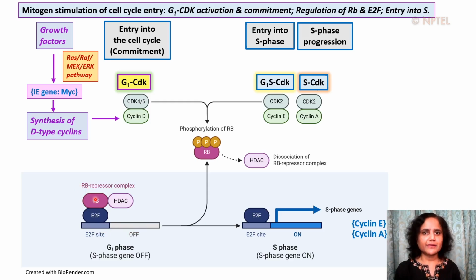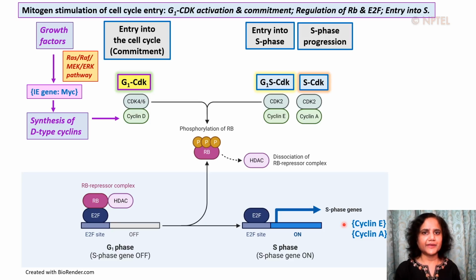Phosphorylation of RB releases it from this complex and hence the repression mediated by RB is no longer there, and hence these E2F dependent genes can be transcribed. So this E2F now activates the transcription of its target genes. Examples of such genes are cyclin E of G1-CDK, and this triggers entry into S phase.